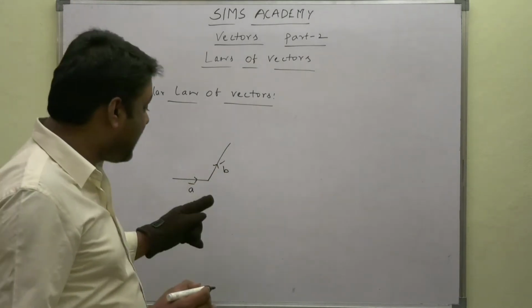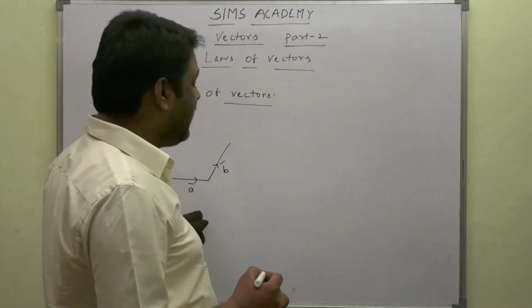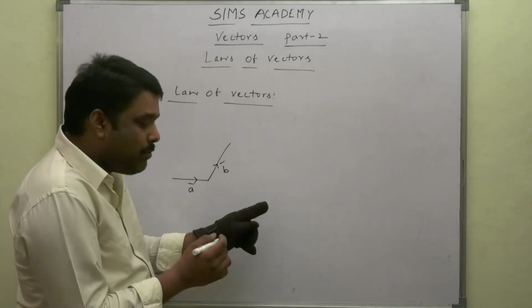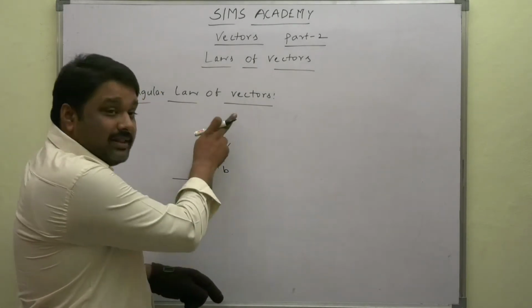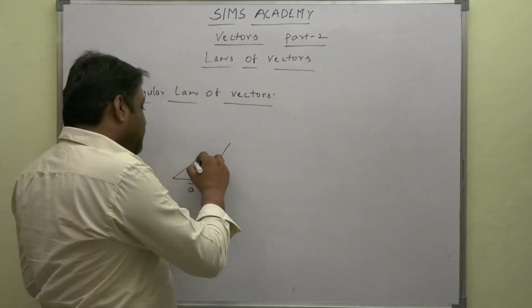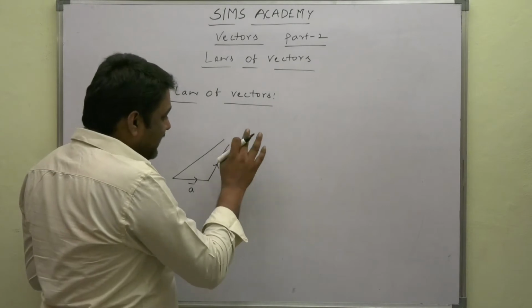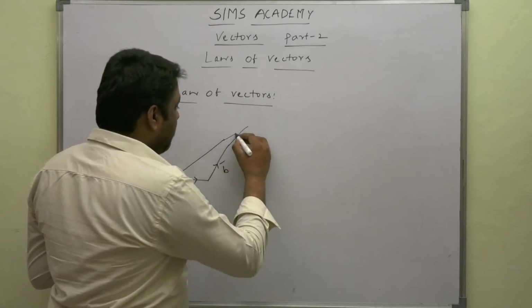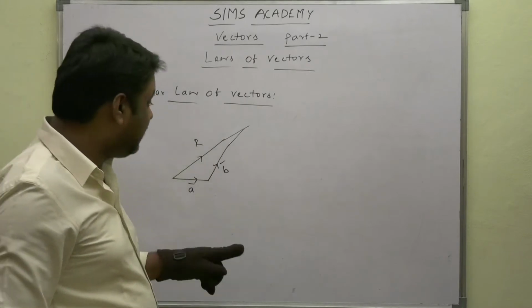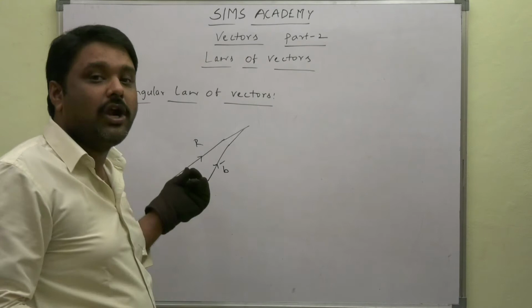If two vectors are acting on the same particle, taken in both magnitude and direction in the same order, continuation, then their resultant is given by the third side of the triangle, both in magnitude and direction, in the opposite order.